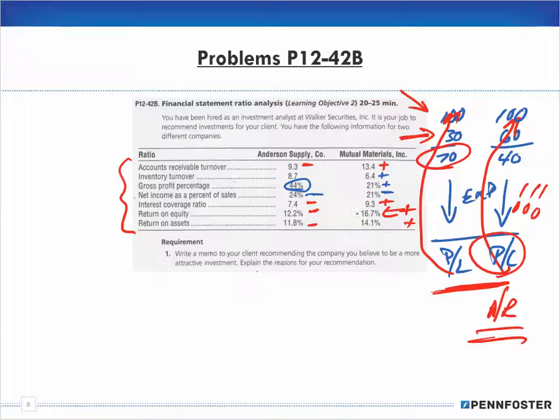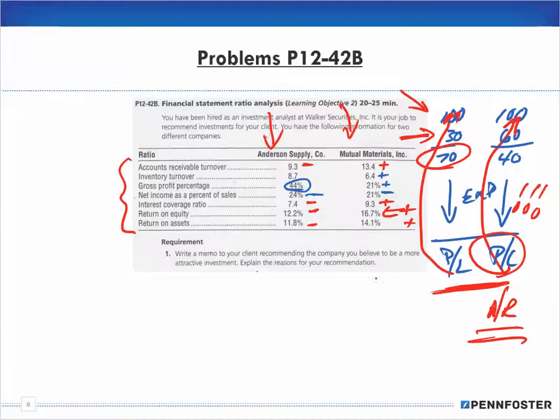And because of that paying off the debt, their net income shows that they're able to have a better return on their equity, which means a better return on your investment if you're deciding which company to invest in, Anderson or Mutual.